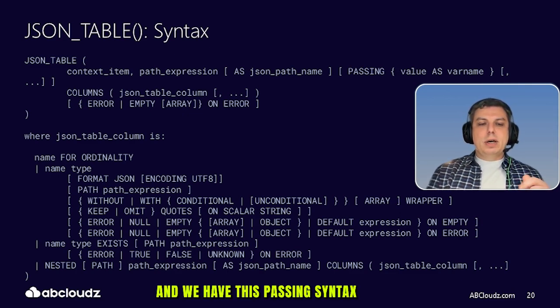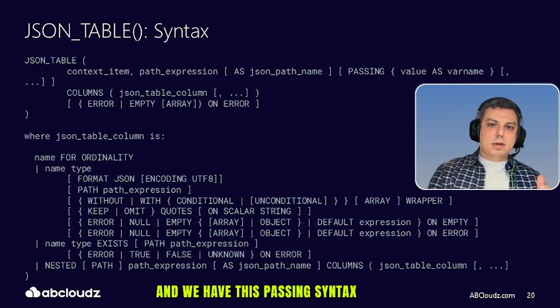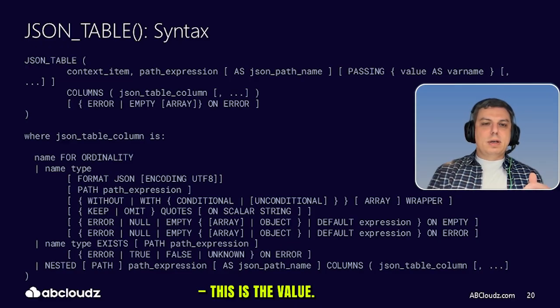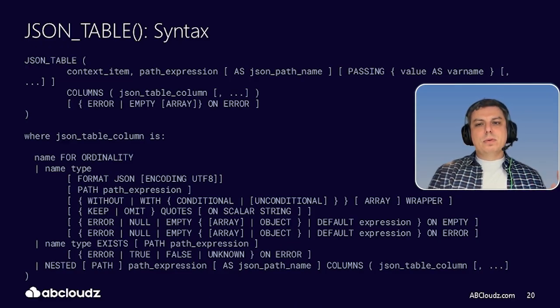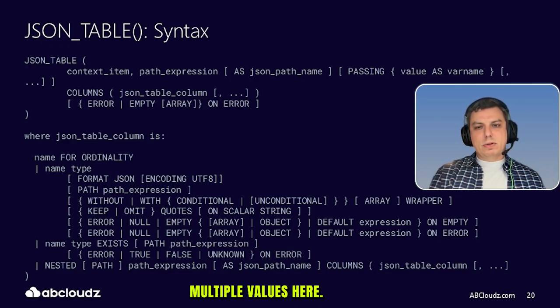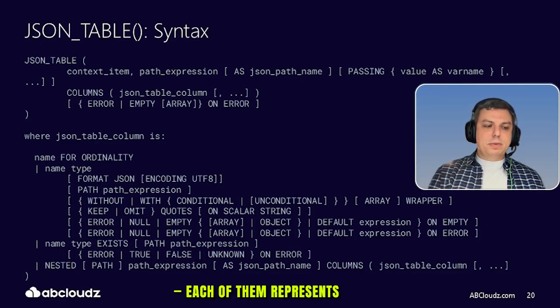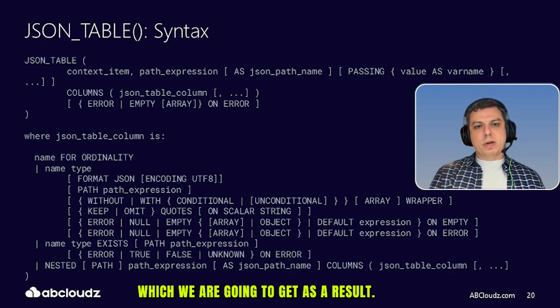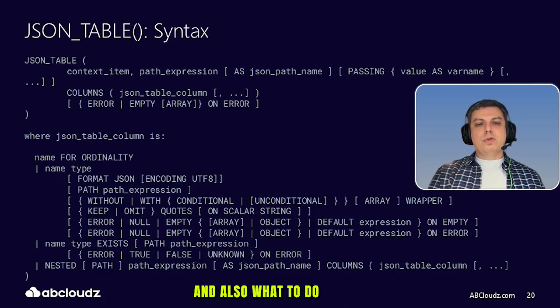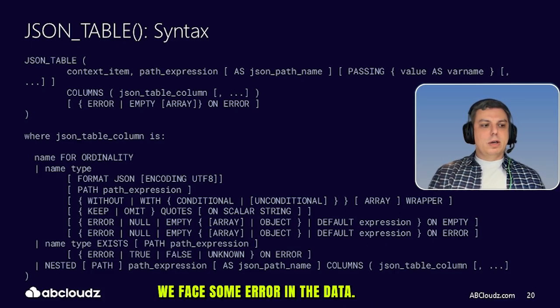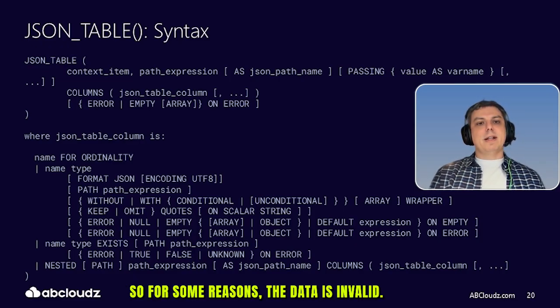And we have this PASSING syntax. This is the value, and we can actually have multiple values here. We have columns. Each of them represents a relational table column, which we are going to get as a result. And also what to do when, for some reason, we face some error in the data. So for some reason, the data is invalid.